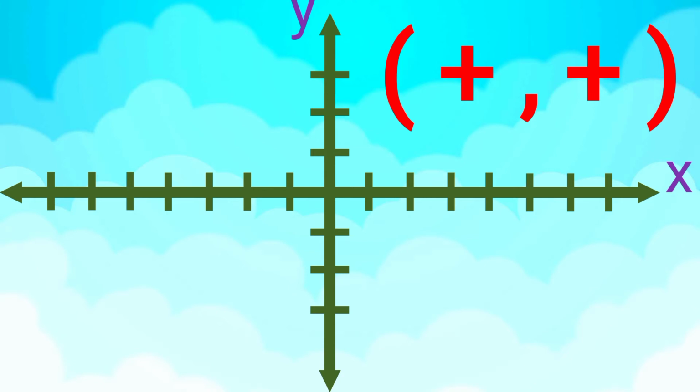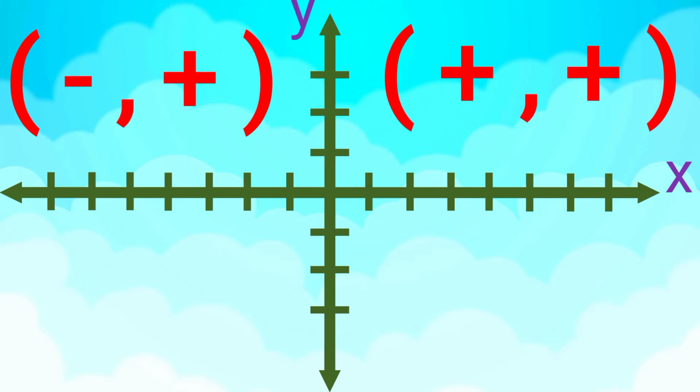So remember this. On the Cartesian plane, on the first quadrant, the points or the coordinates have the following signs: positive, positive. On the second quadrant, we have negative, positive.